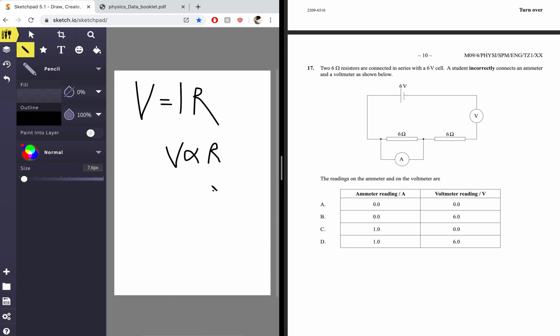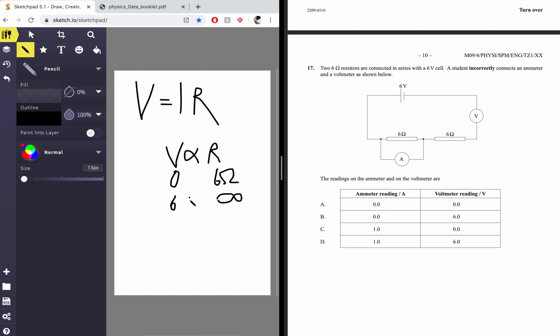So first we have 6 ohms, and then we have infinite resistance here. So the voltage has to be proportional to the resistance. We know that this is a total of 6 volts in the system, so this would be 0, this would be 6.